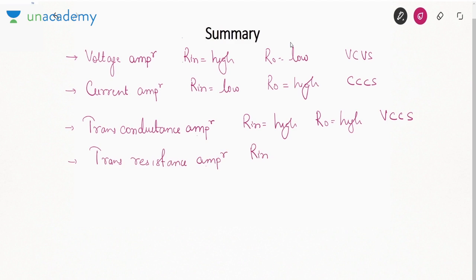Here Rin was low and R0 was also low. It was a current controlled voltage source. Okay, so these are the basic 4 kinds of amplifiers, and we will again encounter this when we study feedback amplifiers. So from the next video onwards, we'll get into op-amp directly. This was just the basics of different kinds of amplifiers.